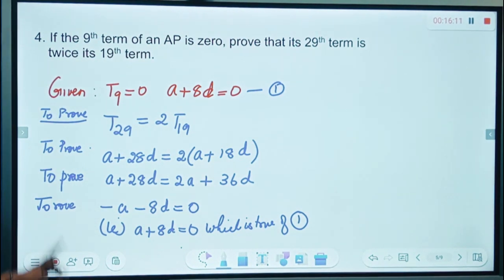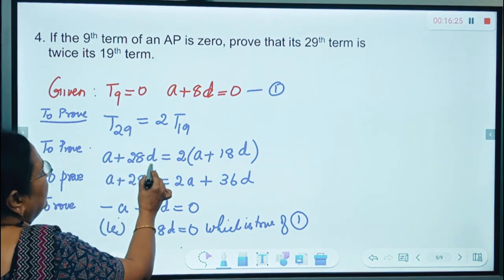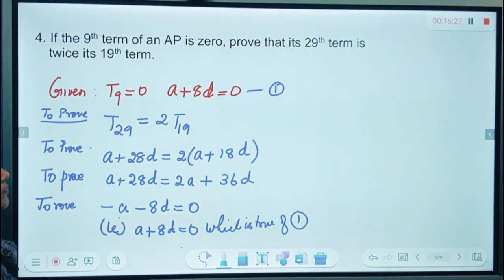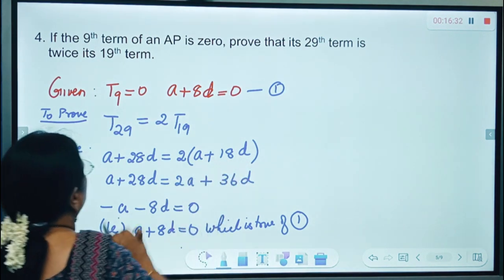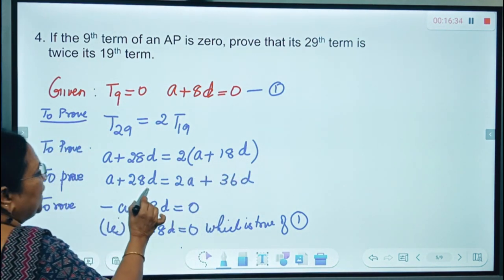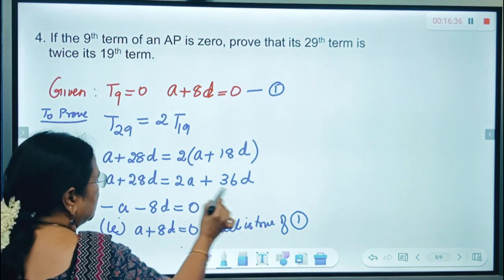See, given T9 is 0, that is, ninth term is 0, so a plus 8d is 0. You have to prove 29th term is twice the 19th term. What is 29th term? a plus 28d. What is 19th term? a plus 18d. So this is what I have to prove to be equal. I have to prove a plus 28d is 2a plus 36d.